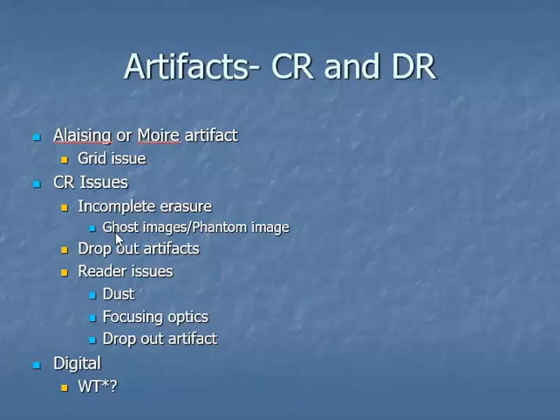So CR issues, we talked about incomplete erasure earlier. We talked about dropout artifacts, reader issues. We could have dust on the lens. Focusing optics could be dusty or inadequate. We talked about dropout artifact again.